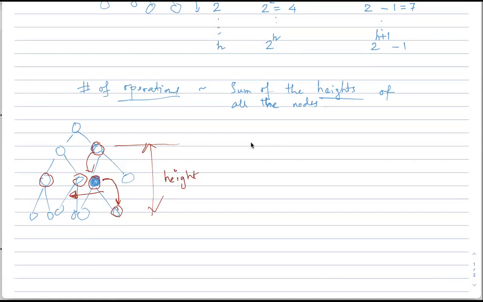Any question on this? And that is why the number of operations is going to be the sum of the heights of all the nodes, because for every operation, it is going to perform that many bubble down operations.